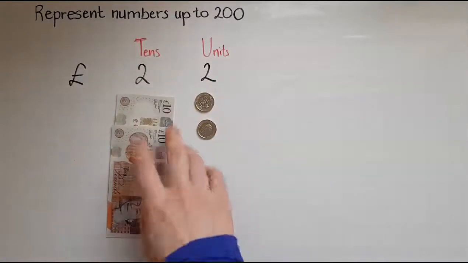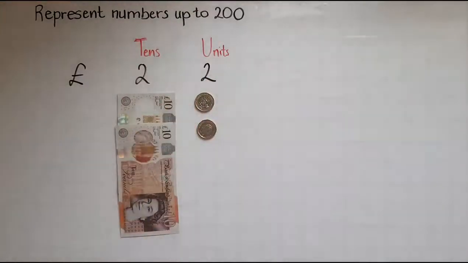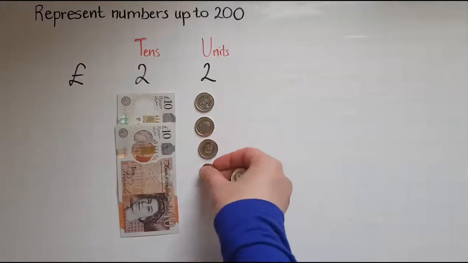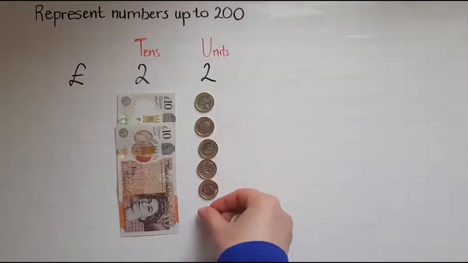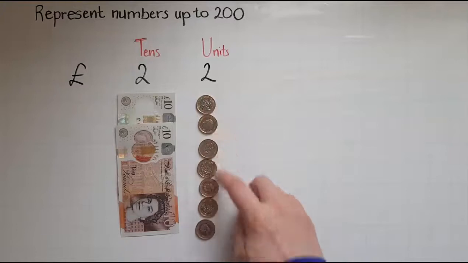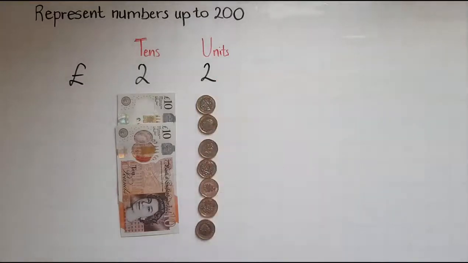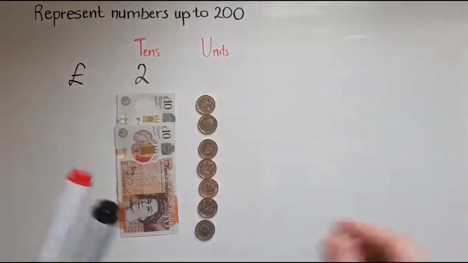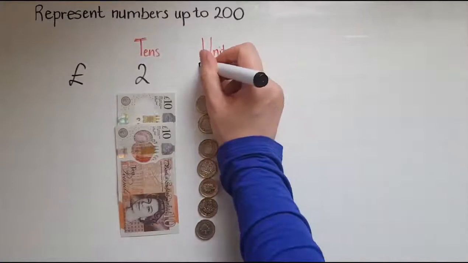So what would we do if we had a few more pounds? And let's say I've got this many more. There we go. 2, 3, 4, 5, 6, 7. So that means that I need to change this 2 to make it a 7.